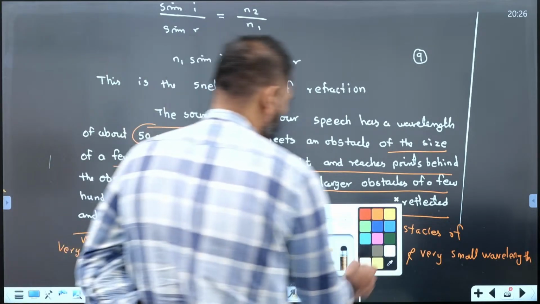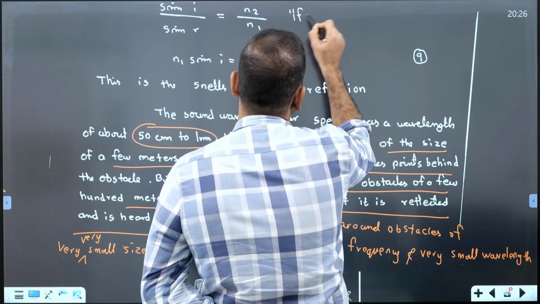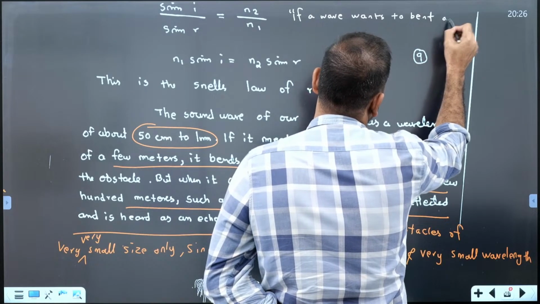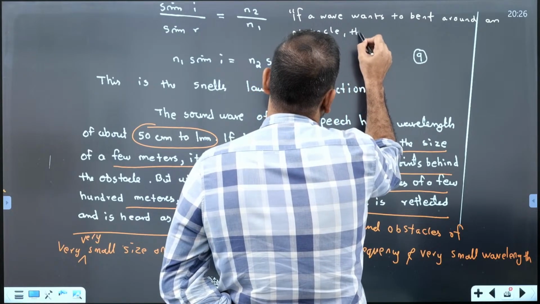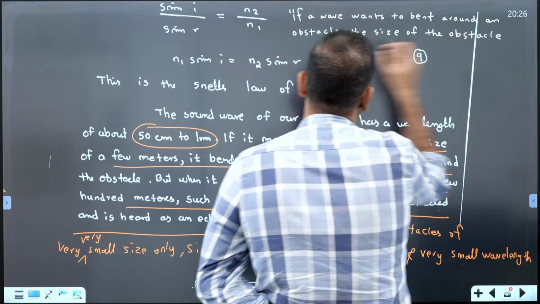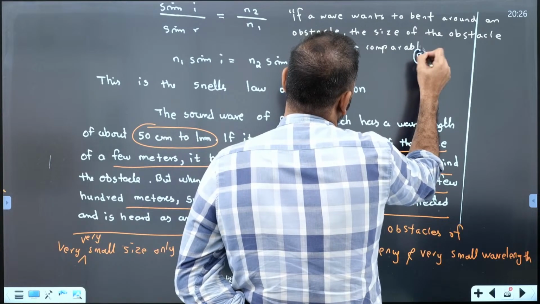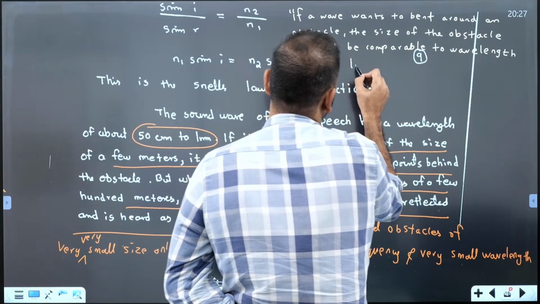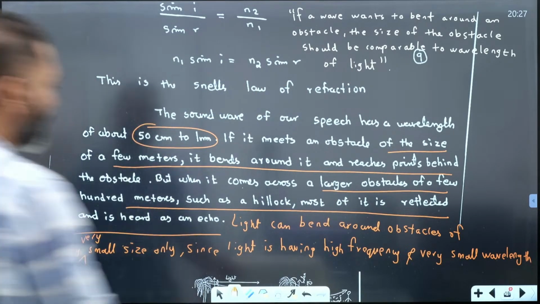And one more point: if a wave wants to bend around an obstacle, the size of the obstacle should be comparable to the wavelength of the wave.